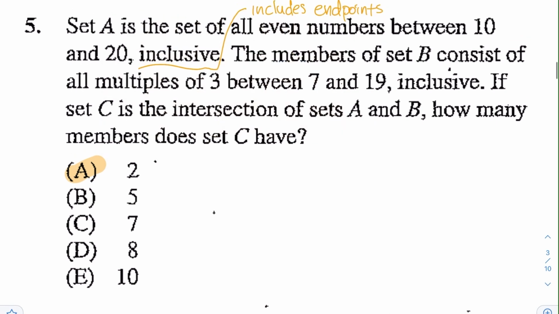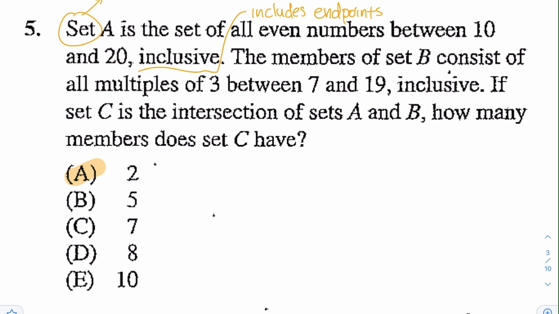All right, so a set is just a list of numbers, and you use curly brackets to denote the elements in a set. So set A is a set of all the even numbers between 10 and 20, and includes both of them. So it'll be like 10, 12, all the way up to 20.